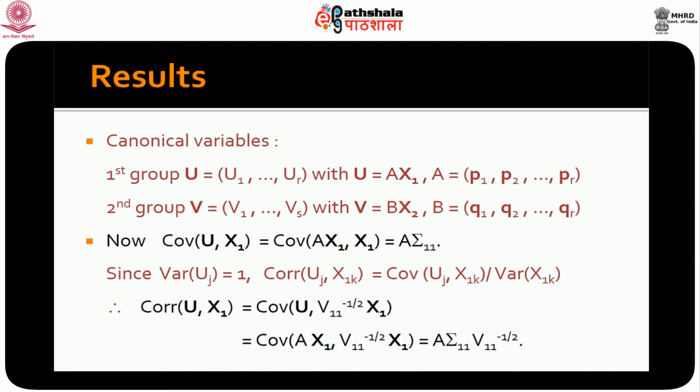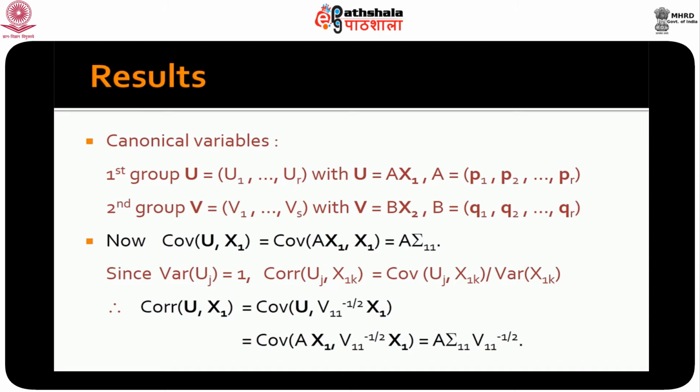Now because variance of Ui is equal to 1, the correlation between Ui and Xk1 is obtained by dividing the covariance of Ui and Xk1 by the square root of the variance of Xk1, which is sigma kk to the power of half. And therefore, the correlation between Ui and Xk1 is the same thing as the covariance between Ui and Xk1 divided by the square root of sigma kk.